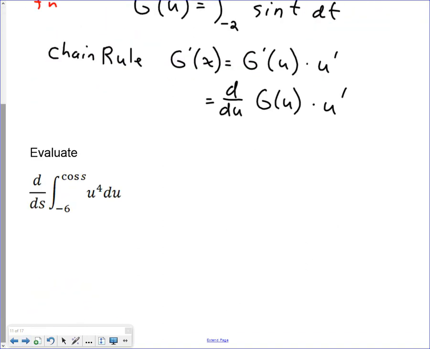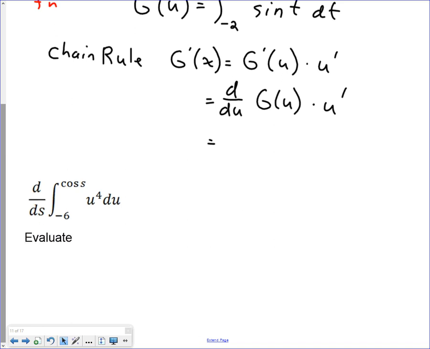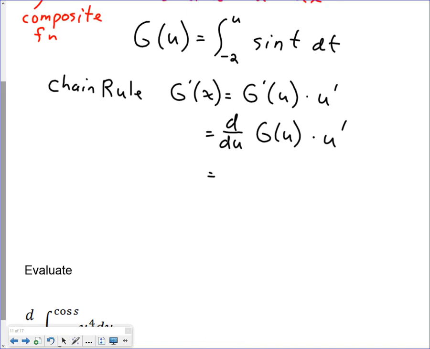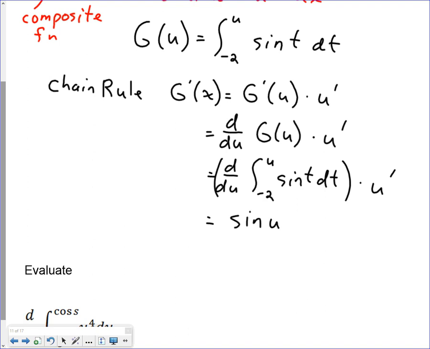So there's a bit more room here. So d by du of g of u, we're going to be doing derivative with respect to u of the integral from -2 to u of sine t dt. And then all of this is going to get multiplied by u primed. So first part of the fundamental theorem of calculus, if we're doing the derivative with respect to u and then integrating up to u, we're just going to get sine u as our integral there.